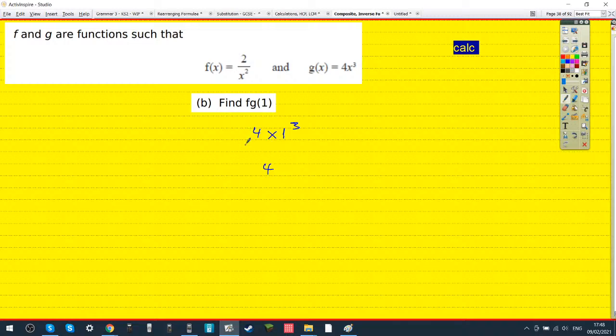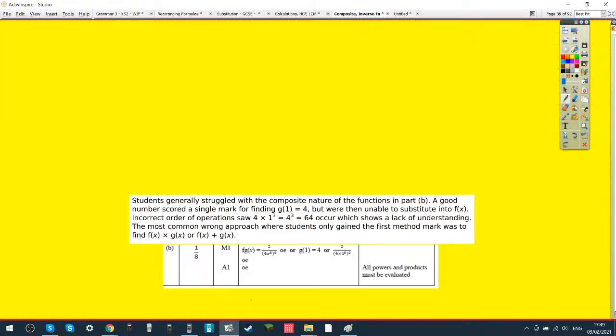Then 2 over 4 squared. Should I do my answer as a fraction or decimal? Let's go fraction. That is 1 over 8. There we go.